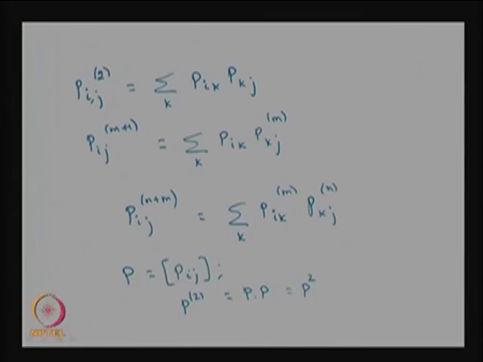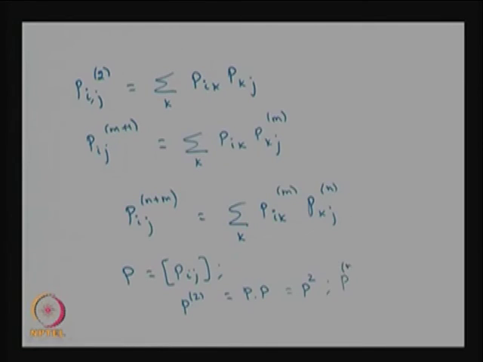So, the left hand side P superscript within bracket 2 means it is a two step transition probability matrix, and the right hand side P square, that is the square of the P matrix, where P is the one step transition probability matrix. So, in this form, in general you can say the n step transition probability matrix is nothing but P of n for n greater than or equal to 1.